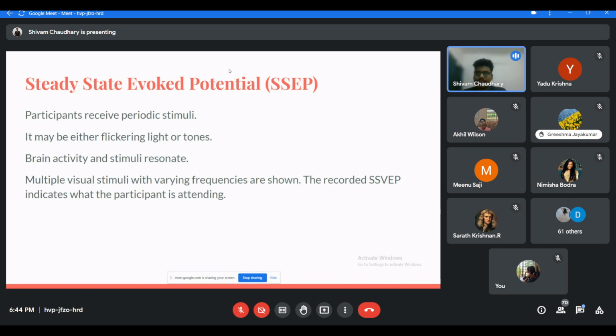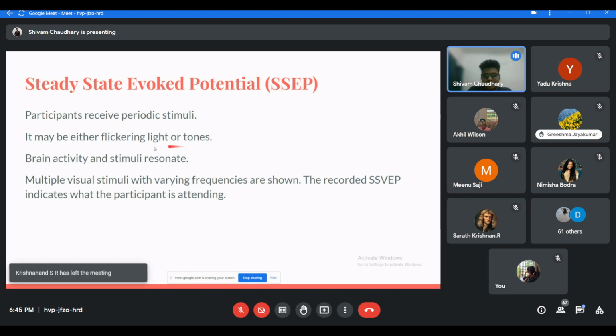That may be presented using flickering light. When your tube light is not working properly, it flickers. So flickering at 40 hertz will work, or you can also use tones of high frequency. I play a tone of high frequency. This will also synchronize your brain with the stimuli.